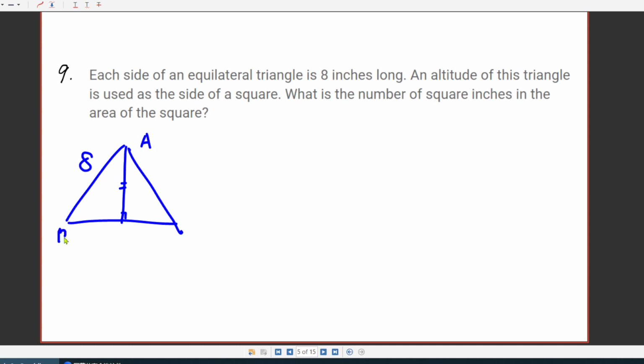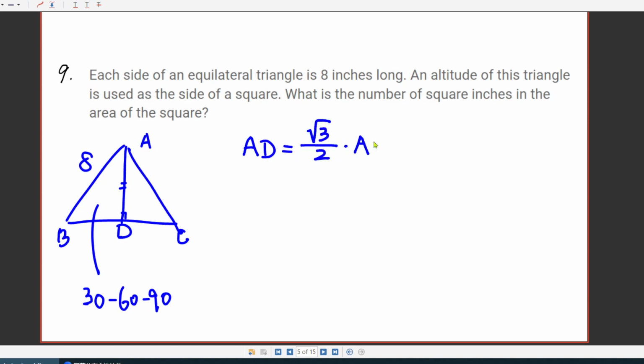And if you let ABC be the triangle and AD be the altitude, then the triangle ABD is actually a 30, 60, 90 right triangle, right? And then we can immediately write AD is actually square root 3 over 2 times AB, right? You recall this? And this gives you 4 square root 3.